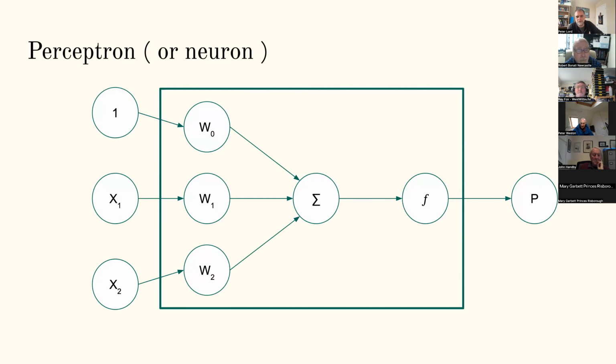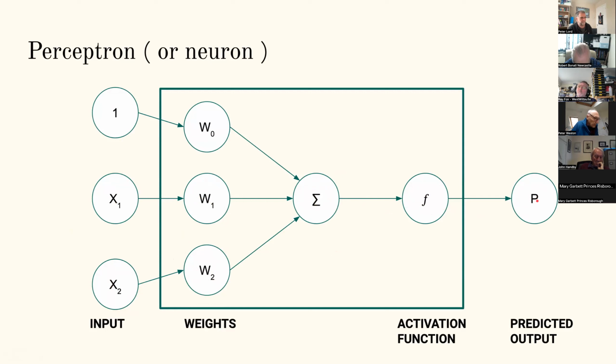This is what a single neuron looks like. We have some inputs here, x1, x2. We've got some weights, a summation, and a function, and we've got an output. Here we are, labeling them: inputs, weights, activation function. And the output is often called a predicted output, a little bit of a weird thing.